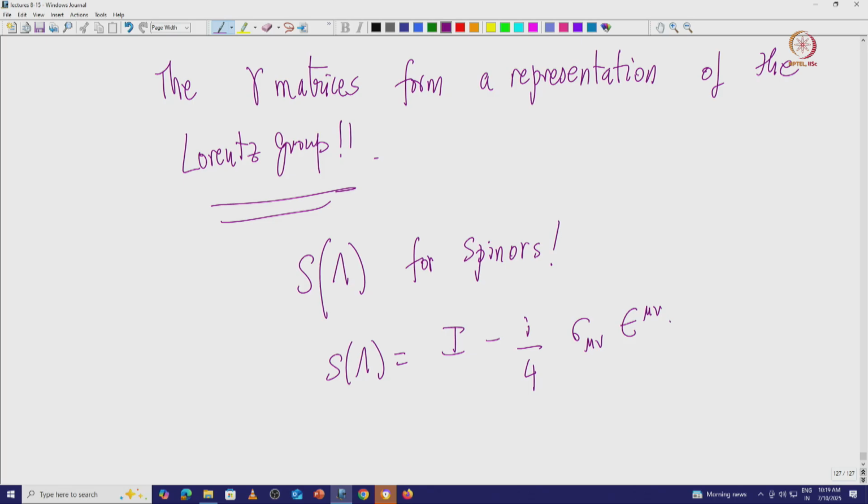Or to make the notation consistent we can write it as omega mu nu sigma mu nu, where sigma mu nu is equal to the commutator of gamma mu and gamma nu with a factor 1 by 2 essentially.